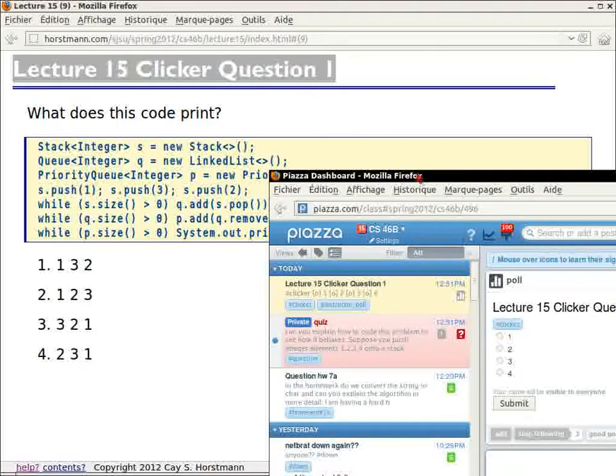So get out a sheet of paper and run through this code.